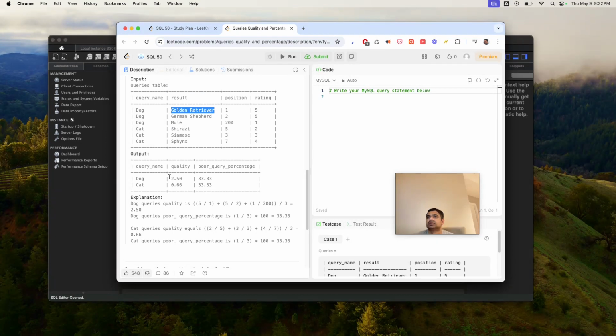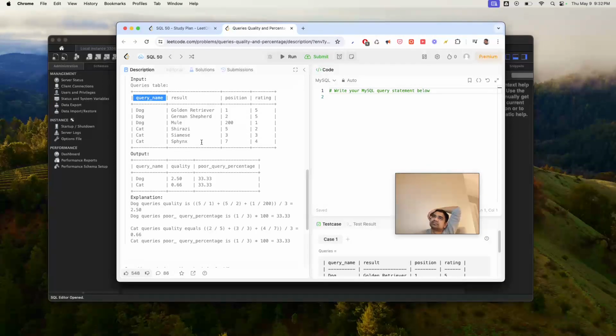So that's the way this problem needs to be solved. The first thing we can do is group by with dog, group by with cat. Based on the query name you can group. Since there is only one table, you don't need a join or a complex join.